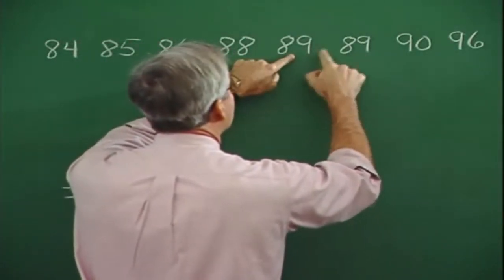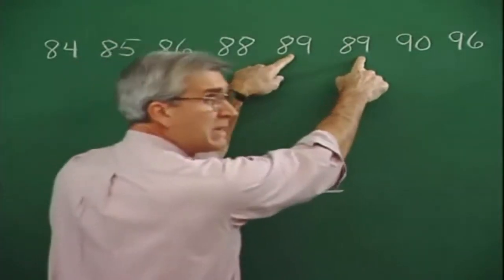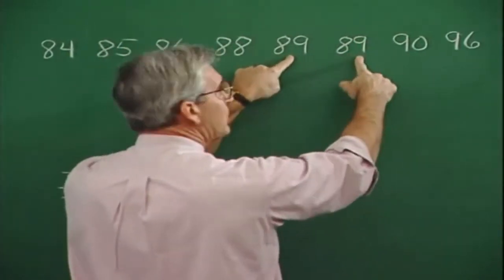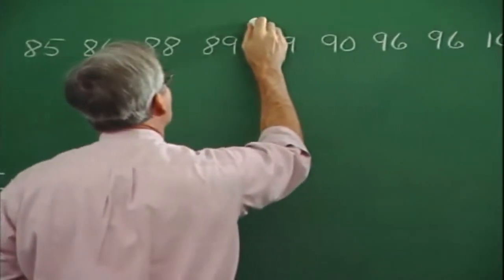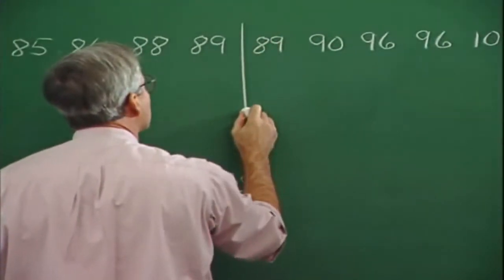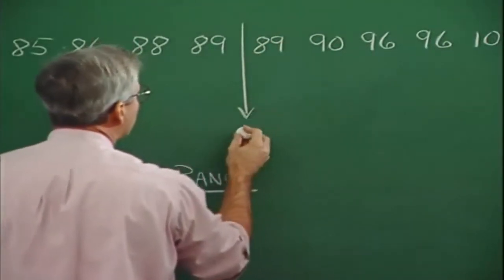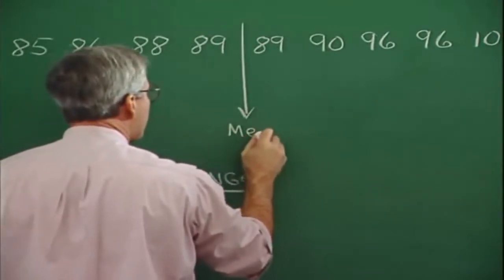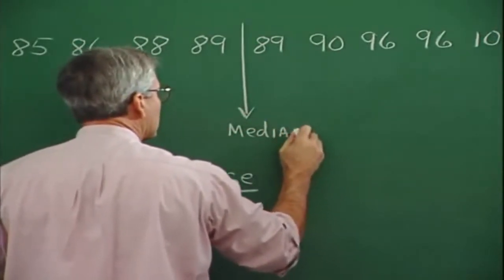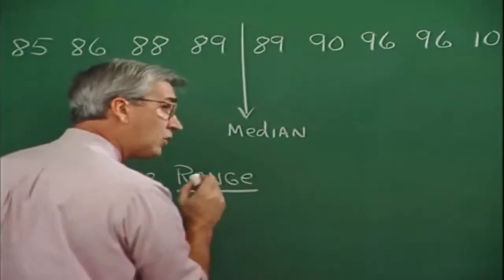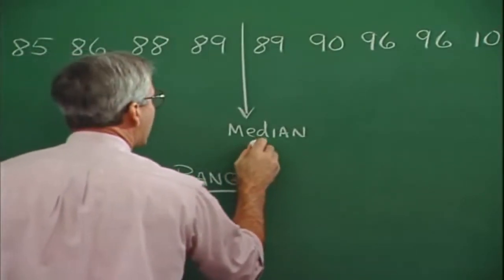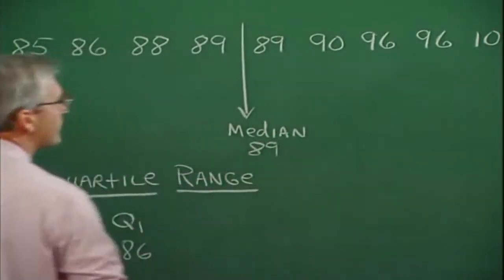It's between the 5th and 6th. The mean of 89 and 89 would be 89. So this then would be the median, also the second quartile number, and the value is 89.